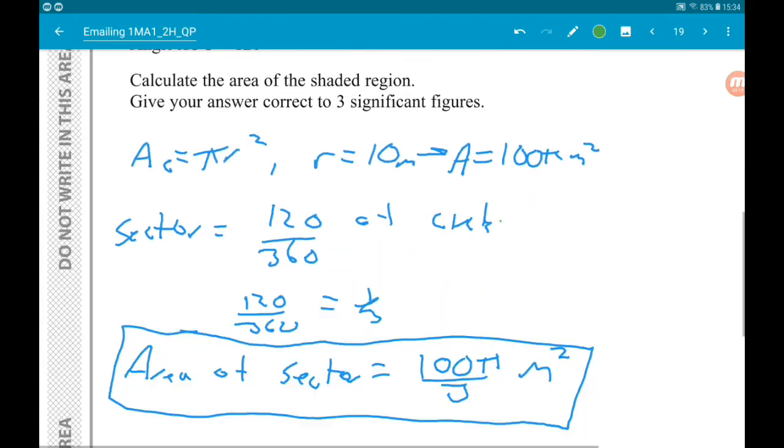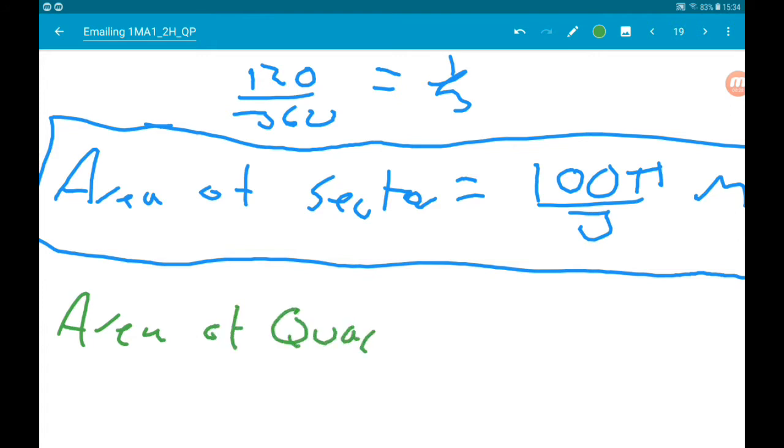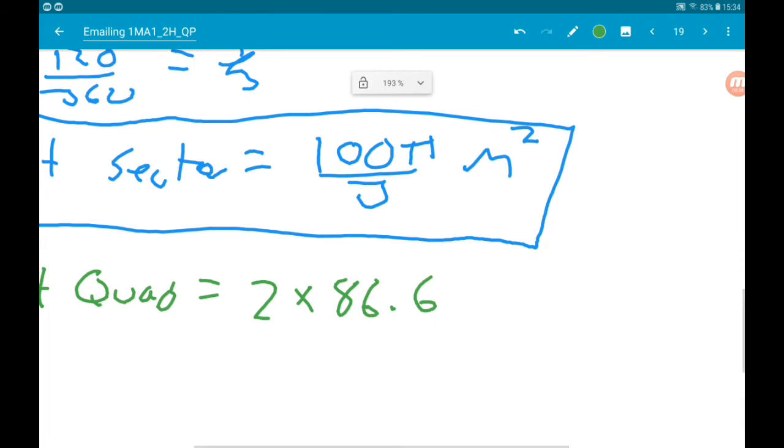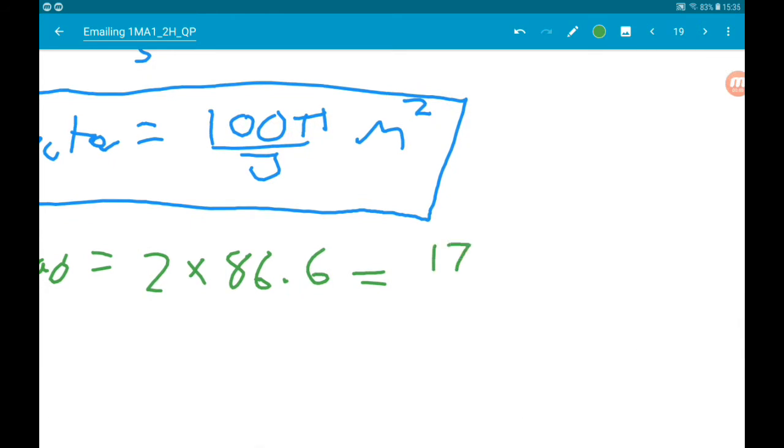So the quadrilateral is 2 times 86.6, which is going to give us 173.2 meters squared.